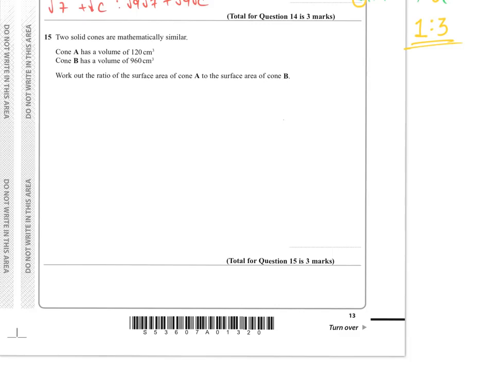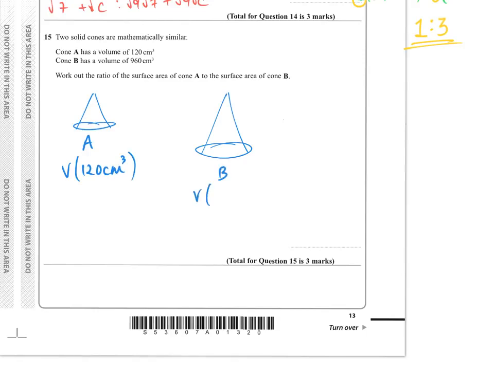Question 15. Two solid cones are mathematically similar. Cone A has a volume of 120 centimetre cubed and cone B has a volume of 960 centimetre cubed.